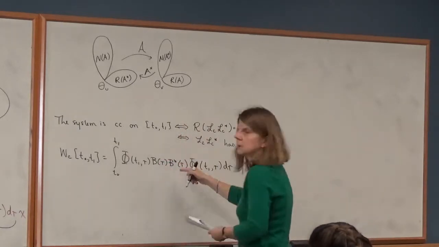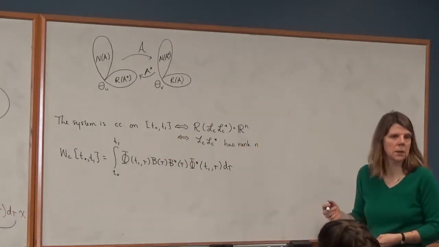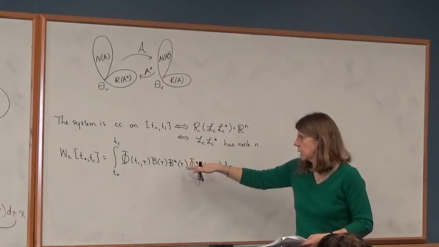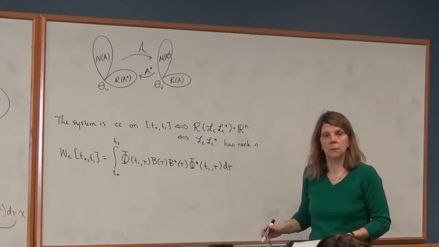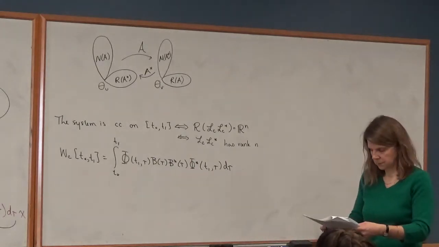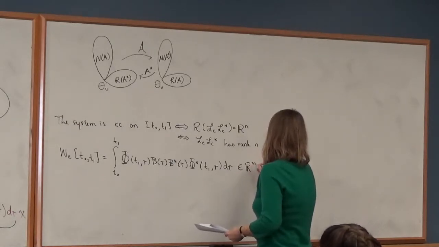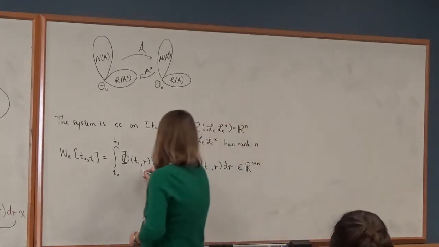Remember, the star means the complex conjugate transpose. So if it's a real matrix, these are just the transposes, but in general, if they're complex, then that's the complex conjugate transpose. Okay, so that's an n by n matrix, and it's called the Controllability Grammian.